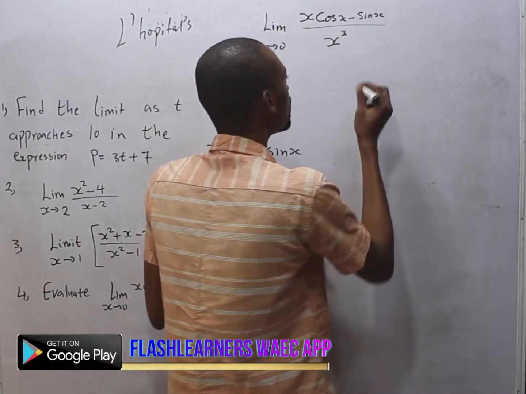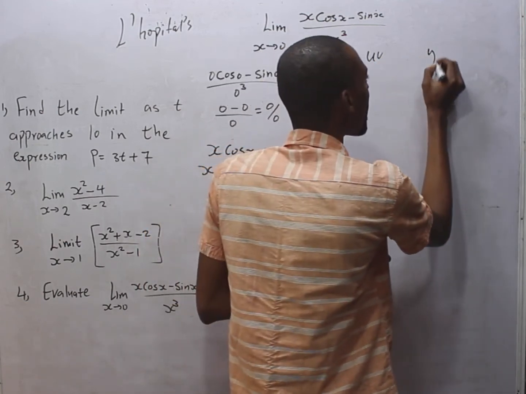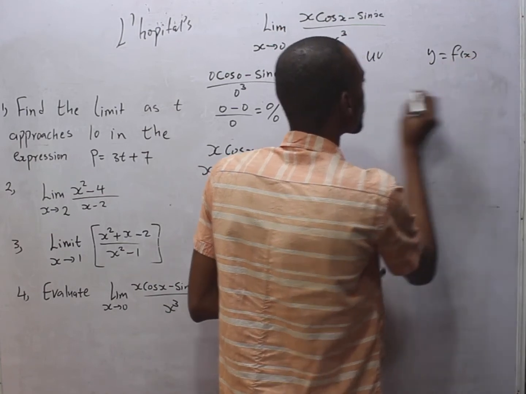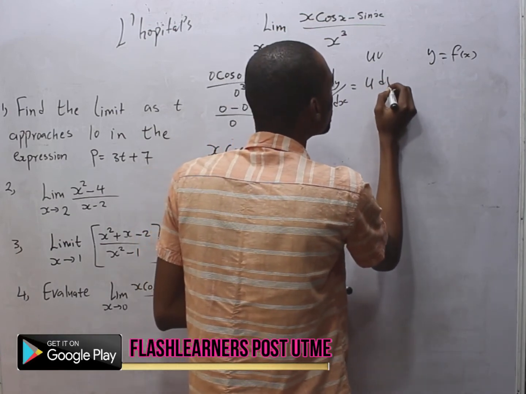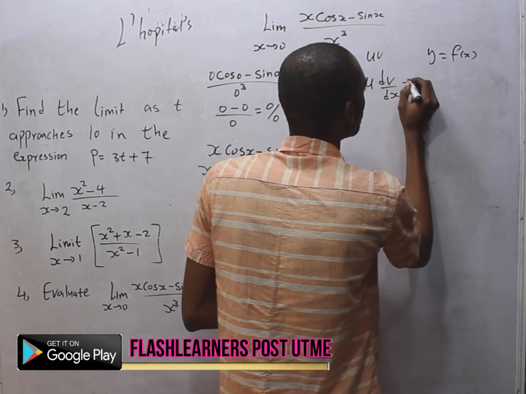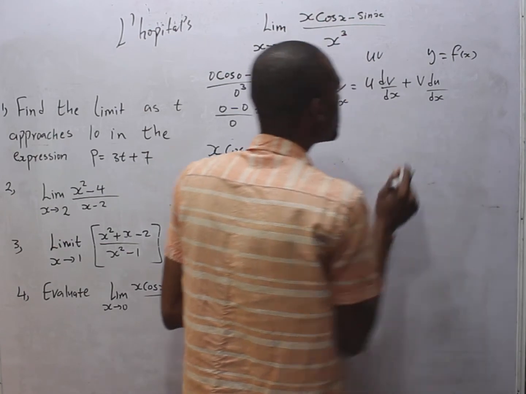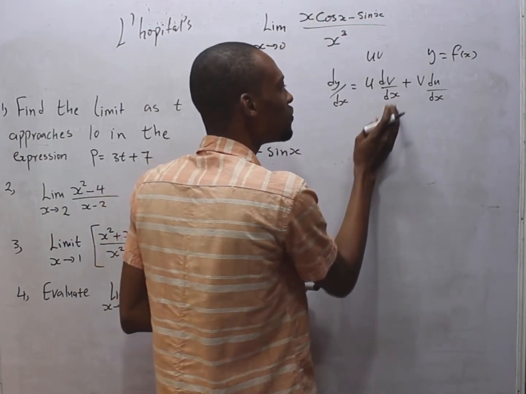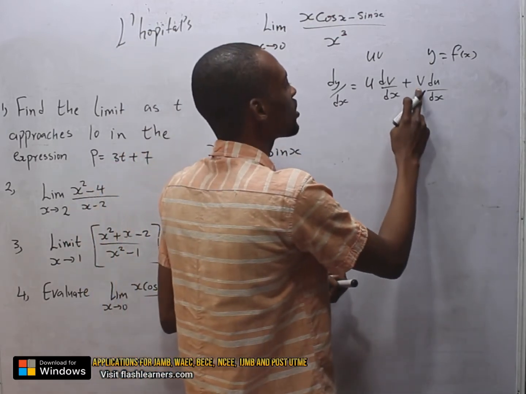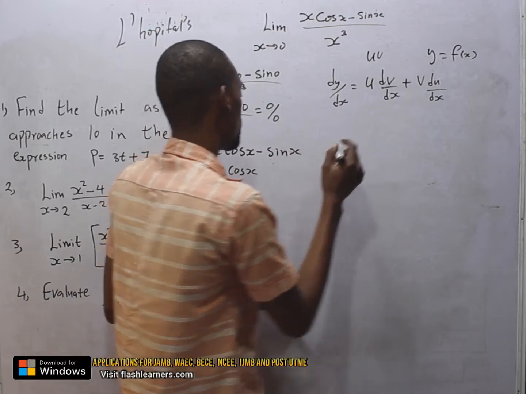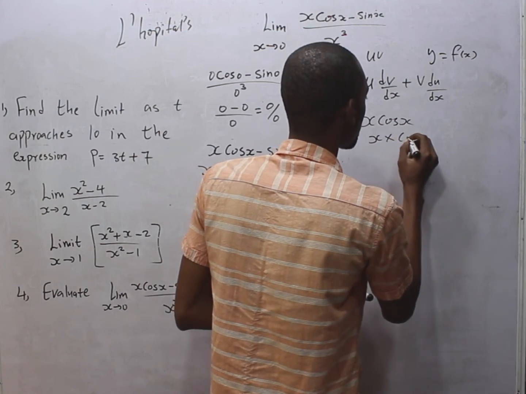Mathematically, if you are given y equals a function of s, dy over ds is equal to u dv over ds plus v du over ds. It means you keep u constant, differentiate v with respect to s or with respect to any function given, then keep v constant, differentiate u.